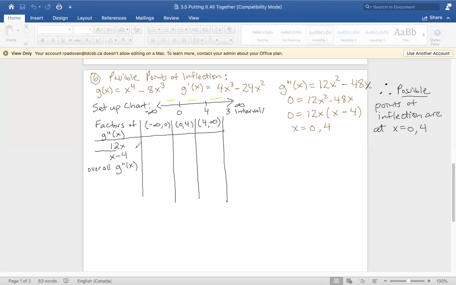That's going to tell me my concavity. So again, this is not increasing or decreasing. This is going to tell me if I'm concave up or down along the original function. So it helps to write that along the g of x function.